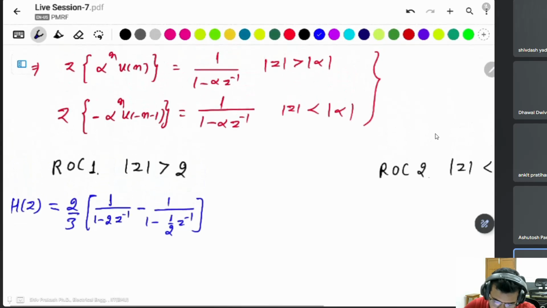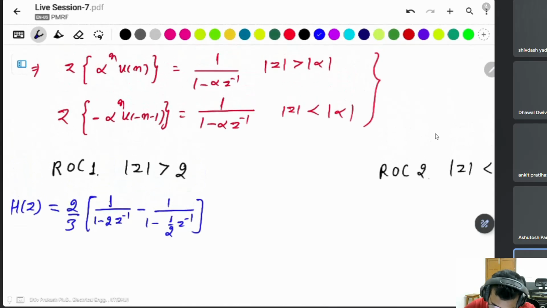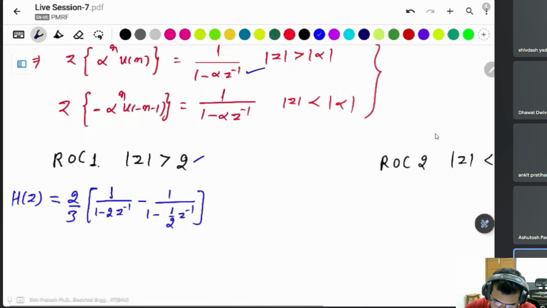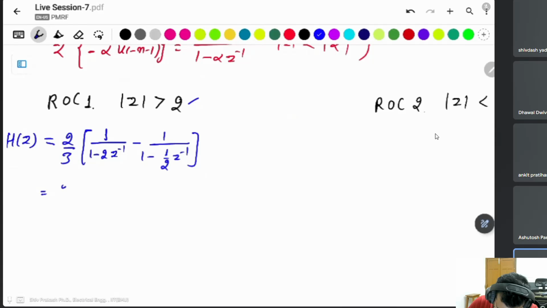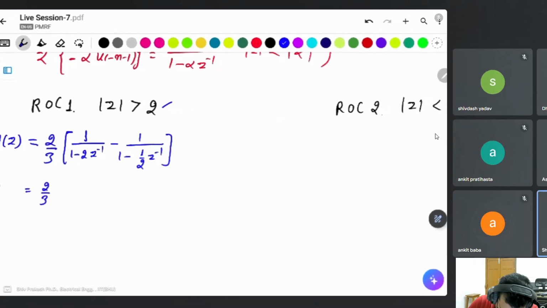For the ROC greater than 2, use the formula alpha power n u[n]. Then the inverse z transform of this system is 2 by 3 times [2 to the power n u[n] minus half power n u[n]], because the ROC is greater than 2.